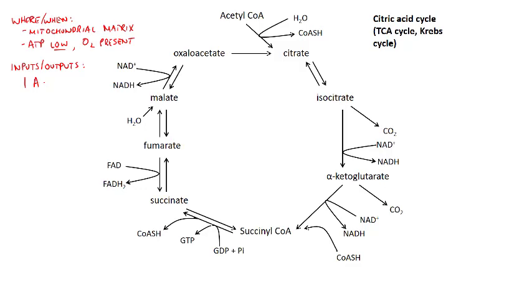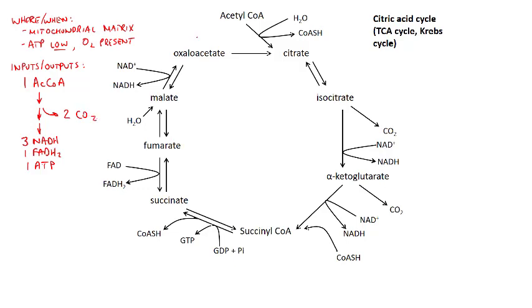For every 1 acetyl coenzyme A that goes into the cycle, what we get out the other end of the cycle is 3 NADH, 1 FADH2, and 1 ATP. And as a byproduct, we get 2 CO2.